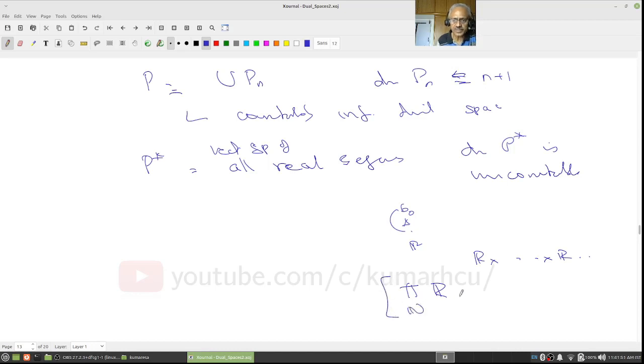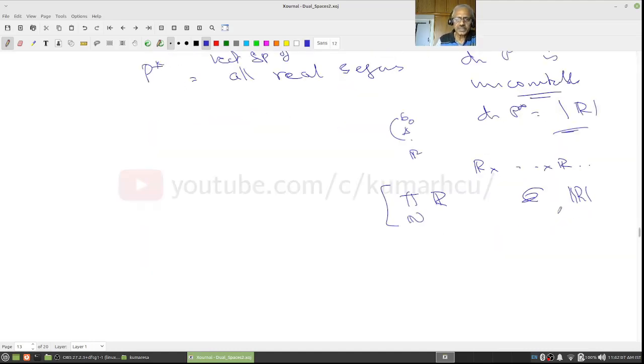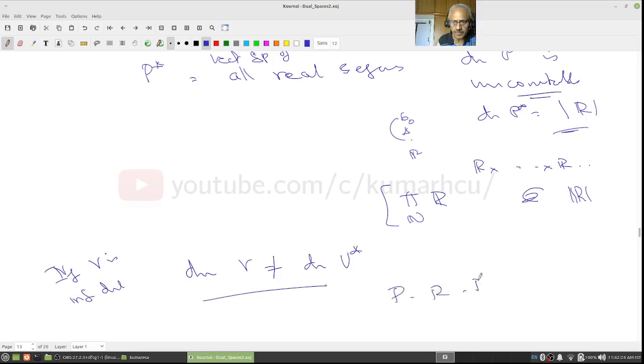If you know the Cartesian product, this has the cardinality of R. Okay, the actual dimension of P star is the cardinality of R, but let's not worry about that. So the crucial thing you should know is, in the infinite dimensional case, the dimension of V need not be equal to the dimension of V star. Okay, pause, review, proceed.